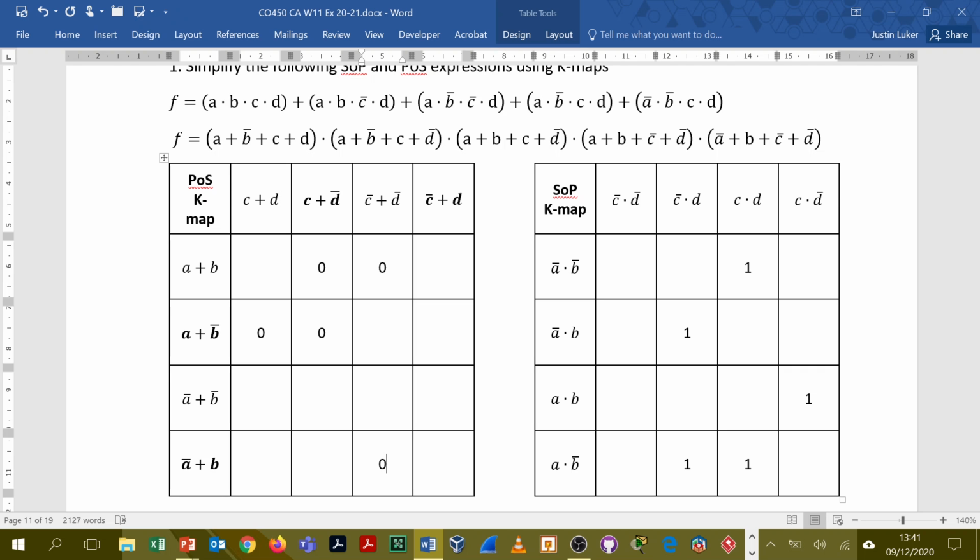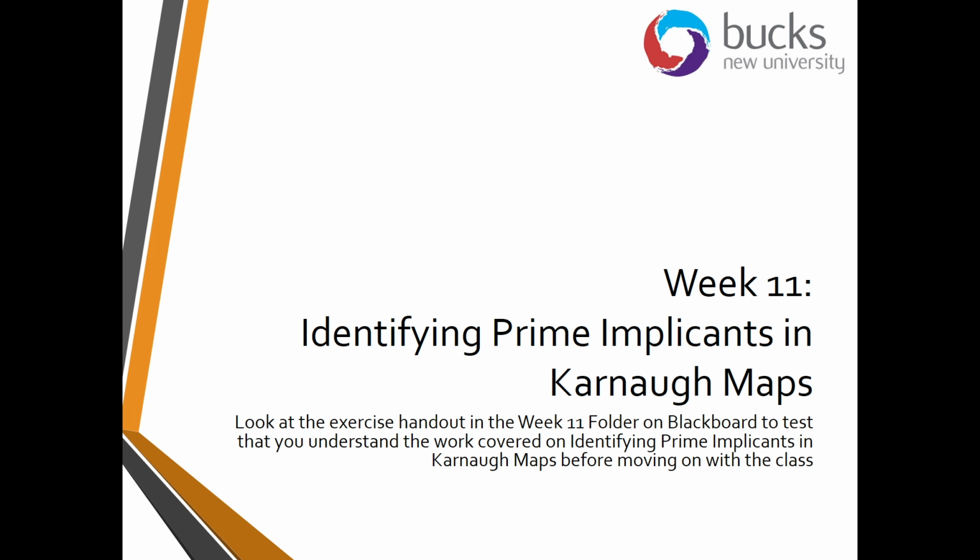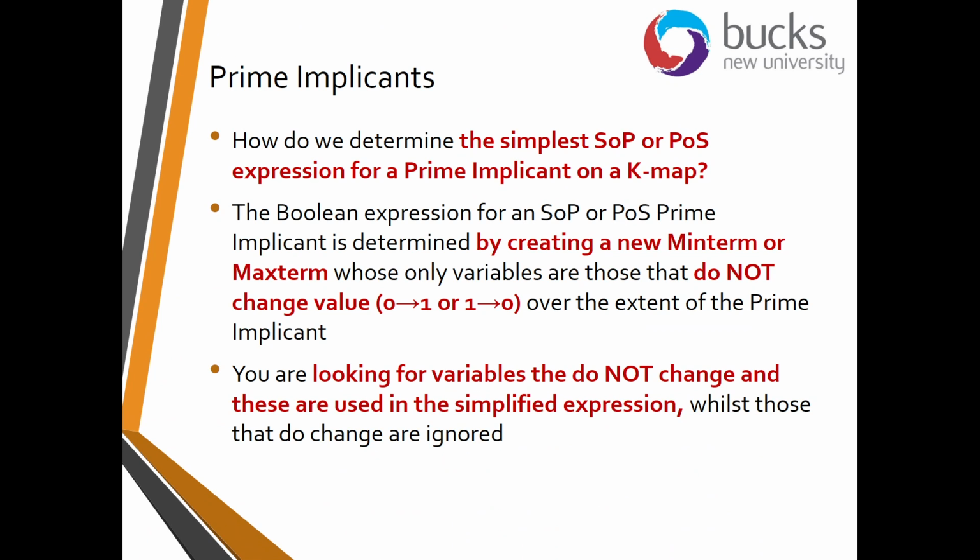So I'm just going back to the presentation for a second because we'll talk about simplification. So back in the presentation, let's talk about primary implicants. So how do we determine the simplest SOP or POS expression for a prime implicant on a K-map? The Boolean expression for a SOP or POS prime implicant is determined by creating a new min term or max term whose only variables are those that do not change value.